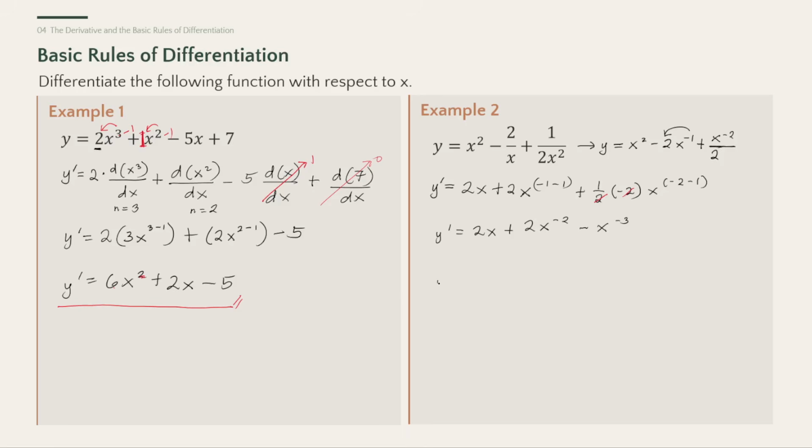And now that the differentiation is done, we can return the variables with negative exponents, rewrite that as a fraction again. Okay? So the exponent becomes positive again. That is the solution for number 2, in simplified form.